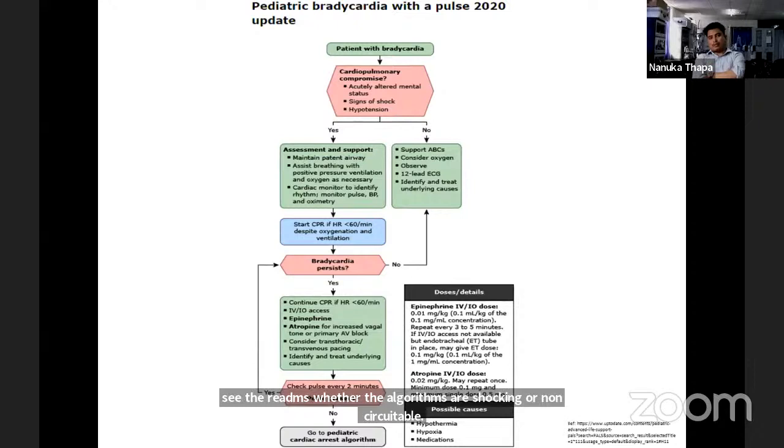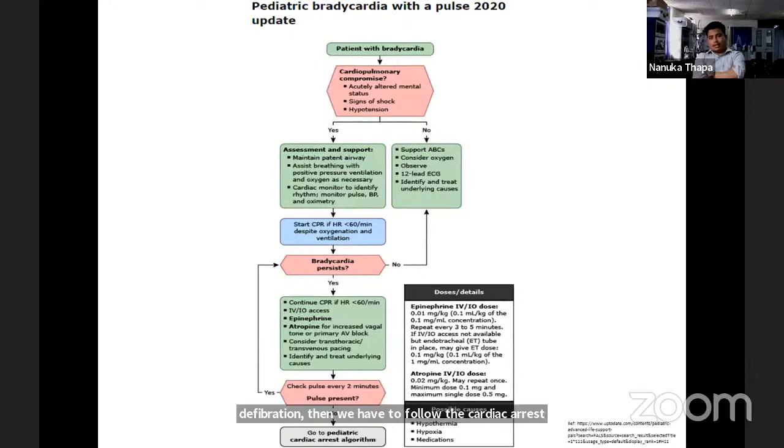If the patient requires defibrillation, then we have to follow the cardiac arrest guideline again. If there is a heart rate but still less than 60, then we have to start giving inotropic support like epinephrine and or atropine. In the meantime, we have to look for any treatable causes, and if there are, we have to start treating the child.